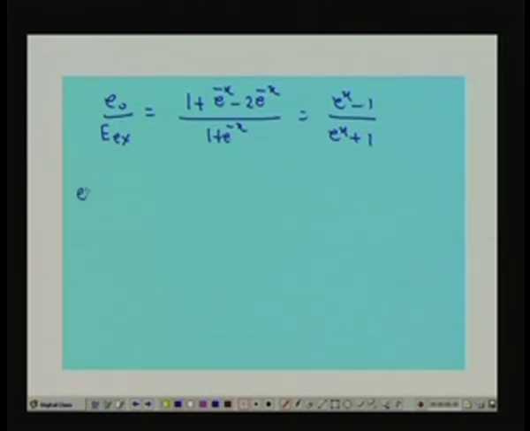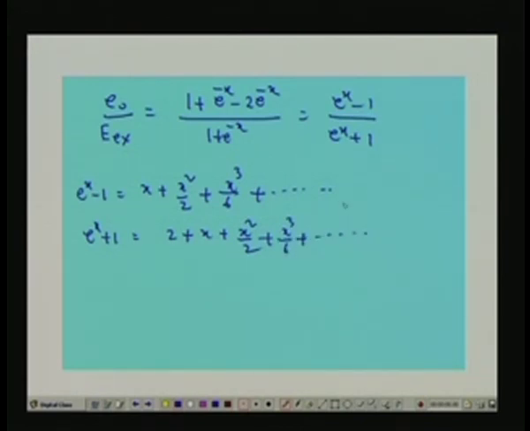Now, e to the power x minus 1, we know, is x plus x square by 2 plus x cube by 6 and so on, and e to the power x plus 1 is equal to 2 plus x plus x square by 2 and so on.